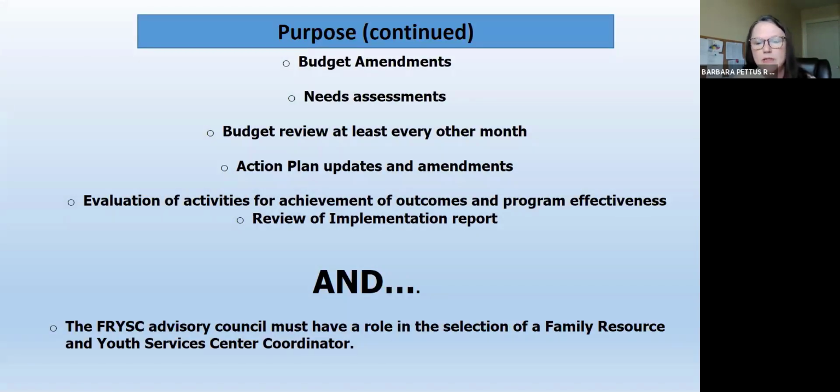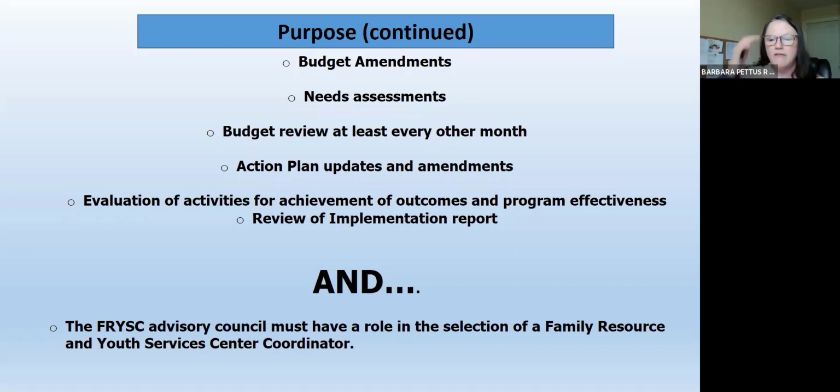Along with those general purposes, the Advisory Council also has some specific purposes, such as approving budget amendments, reviewing your needs assessments, and helping you make decisions about what services and programs need to be offered to your students and your families. Anytime that you develop your continuation program plan, or your action plan, as some of us call it, the Advisory Council should be involved with updates or amendments, and on the front end of even developing those action plans.